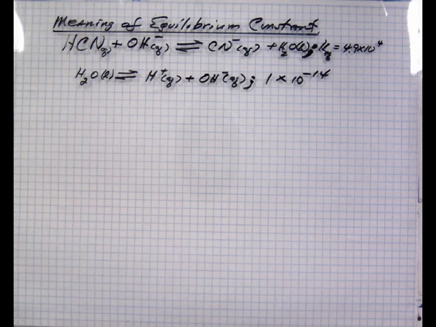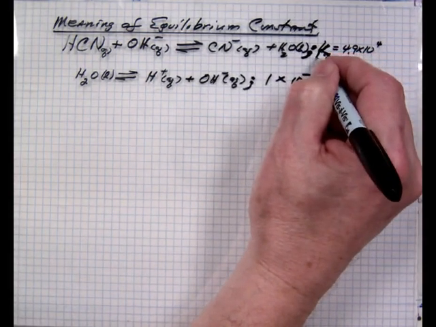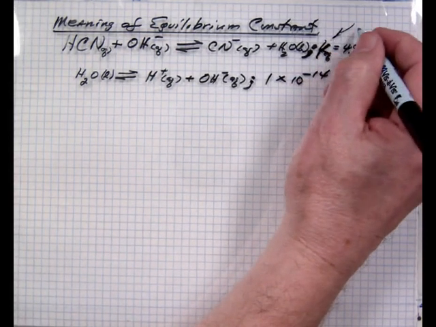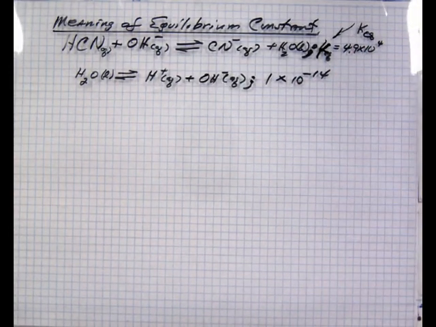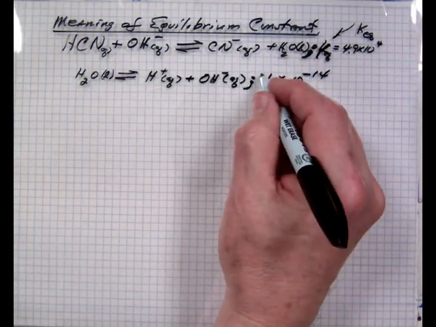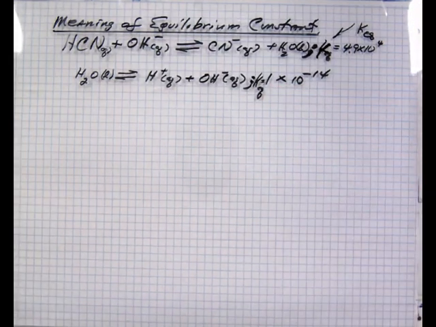On the very end down here, you will see where I've tried to write a KEQ, and the first number is 4.9 times 10 to the fourth. And in the second one, which I forgot to write the KEQ on, now I've got it right in there, it shows 1 times 10 to the minus 14.